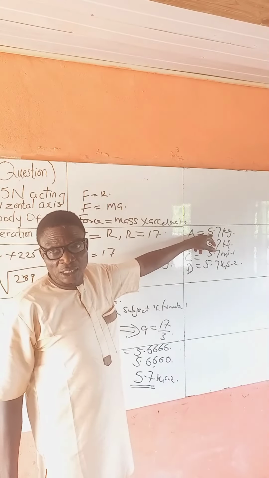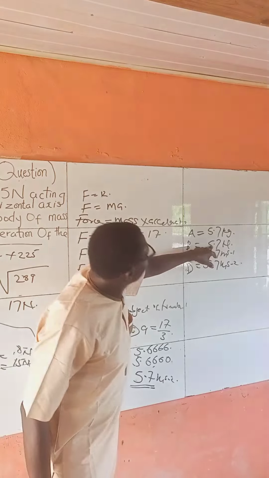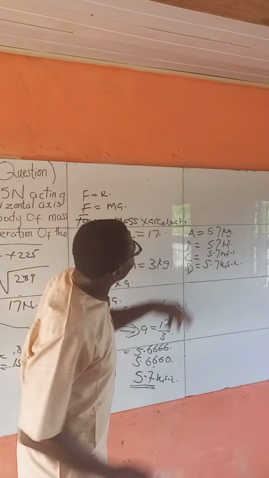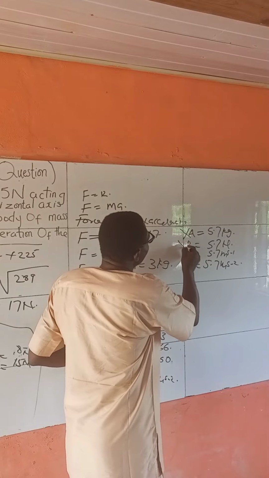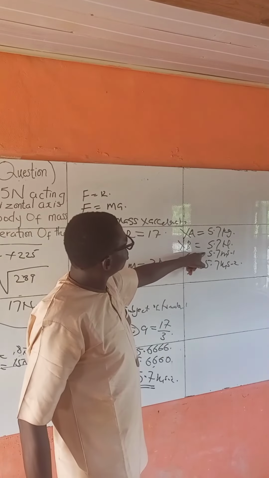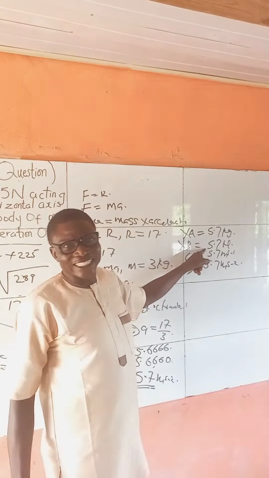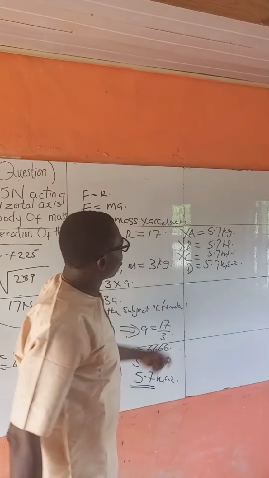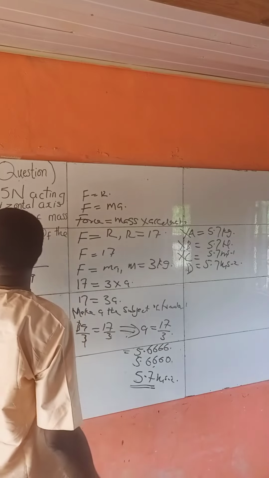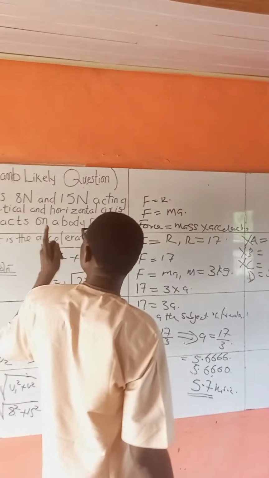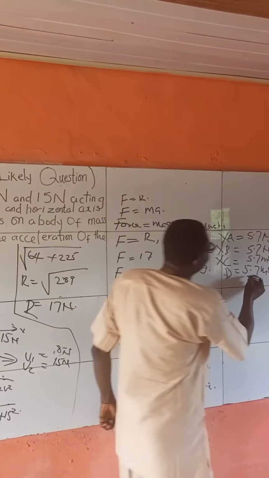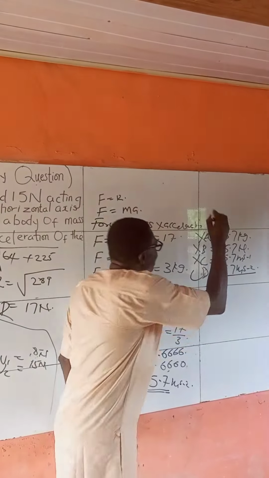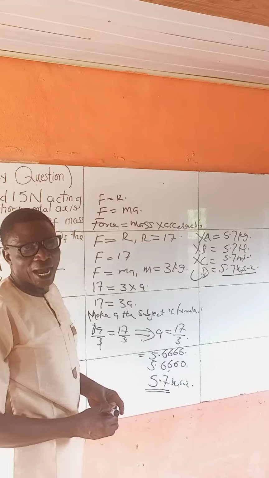You are not looking for mass. You are looking for acceleration. This one is talking of force. You are not looking for force. The question does not ask you to look for the force. So this one is wrong. This one is talking of velocity. The question is not asking of velocity, so this one is also wrong. The question is telling you to find out the acceleration of the body, and this is the SI unit for acceleration. So this D becomes the correct answer.